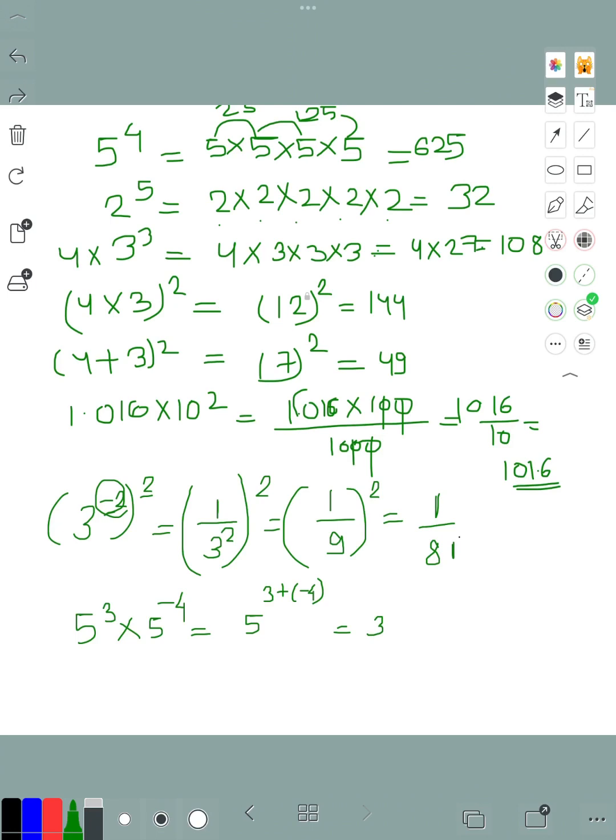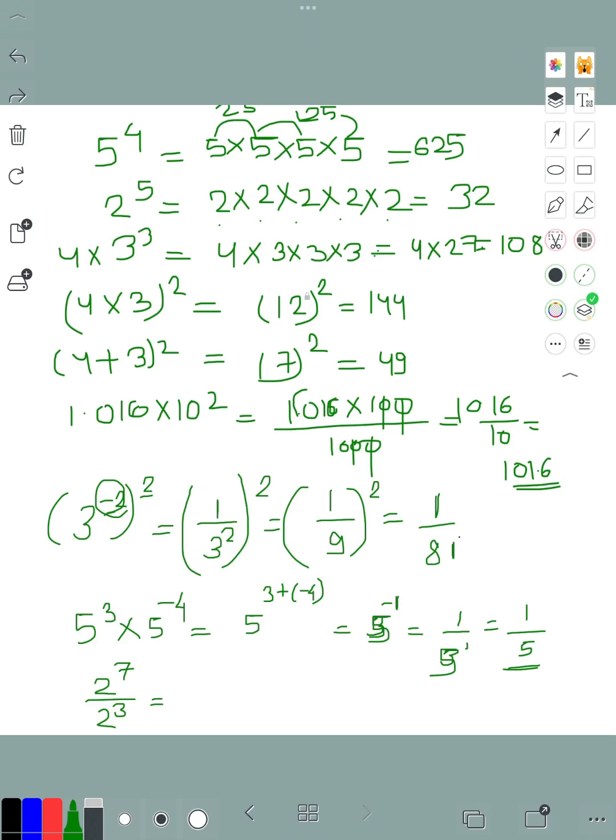After removing the bracket, we get 5 to the power 3 minus 4. So by subtracting 3 minus 4, we get 5 to the power minus 1. I am sorry for the mistake here. We get the answer as 5 to the power minus 1, and for removing the negative sign, we get the answer as 1 upon 5 to the power 1. And if there is a power 1, the answer is the same, right?